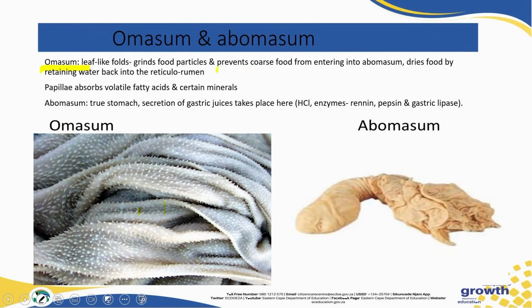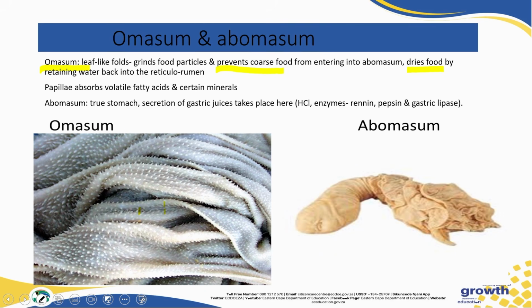So here it says the omasum has leaf-like folds that grind food particles, prevent the coarse food from entering into the abomasum, and dry food by retaining water back into the reticulorumen. Also, as you can see, these pimple-like projections, the papillae, appear the most in the rumen.